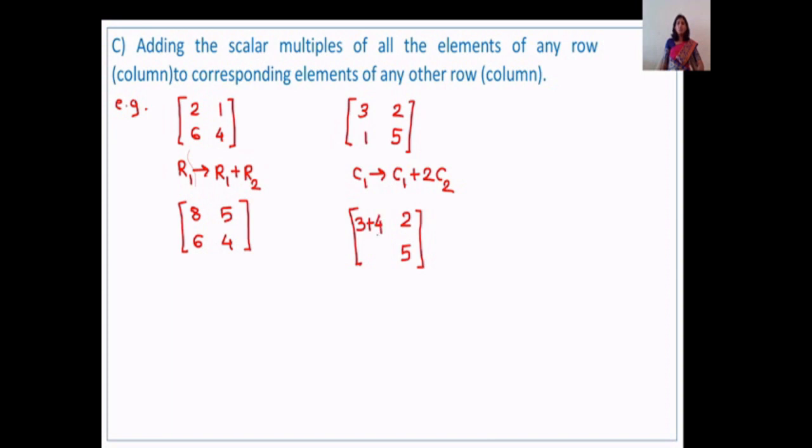Then next, C1 element is 1 plus 2 into 5, that is 10. So here is 3 plus 4, which is 7, and 1 plus 10, which is 11, and 2 and 5 as it is. So this is adding the scalar multiple of all the elements of any row or column to the corresponding elements of any row or column.